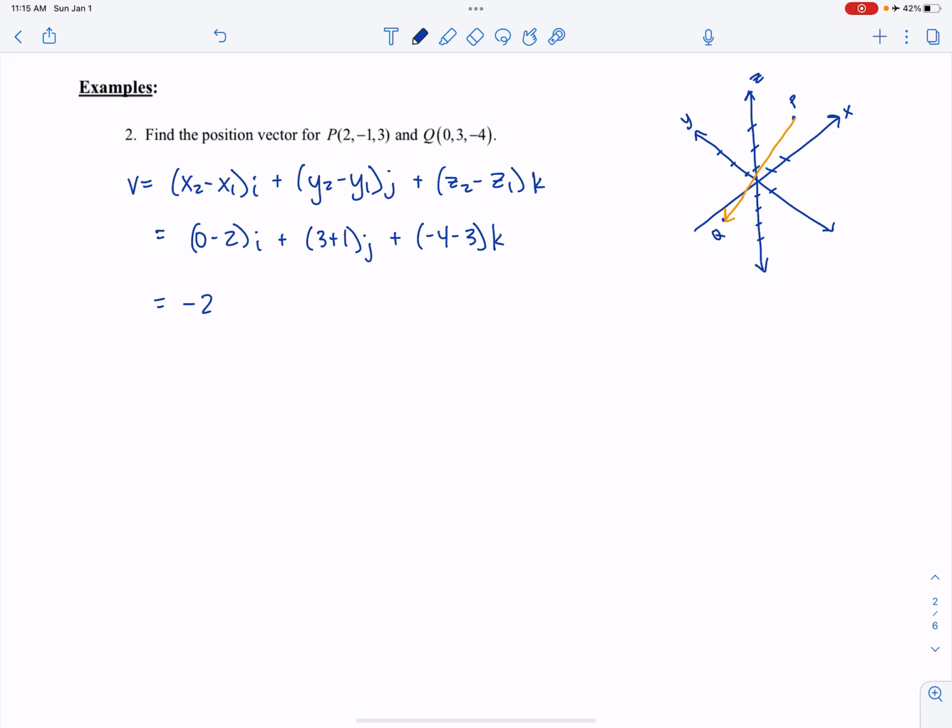So we have negative 2i plus 4j minus 7k. And that is this position vector V.